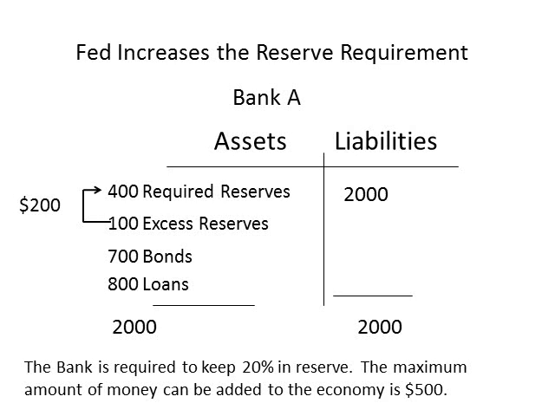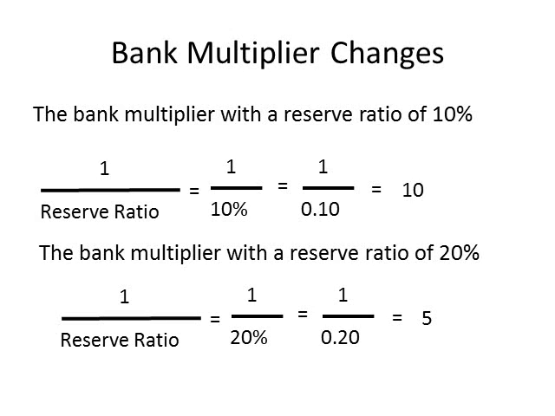The Federal Reserve has decreased the amount of money available to the country in 2 ways. First, it has decreased the money multiplier by 1/2. Before the change in the reserve ratio, the bank multiplier was 1 divided by 10%, or 1 divided by 0.10, which gives a bank multiplier of 10.